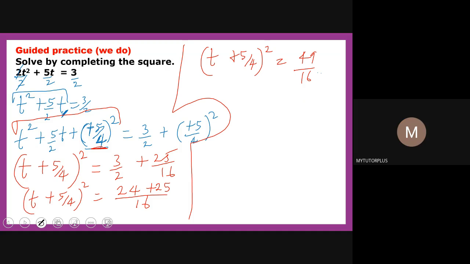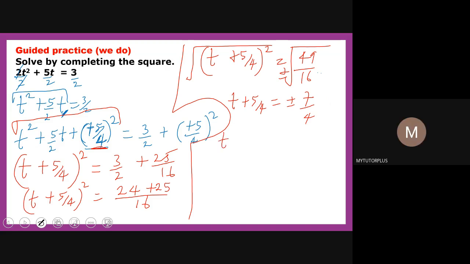Yes. So the next step is to take the square root of both sides. Now take the square root of this side, then plus or minus the square root of the right-hand side. So that I'm going to be left with t plus 5 over 4 equals plus or minus the square root of 49 over the square root of 16; the square root of 49 is 7, the square root of 16 is 4. Now, I hope it's clear to an extent. Yes. Then collect the like terms now.